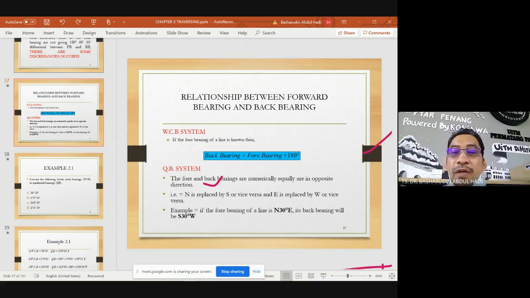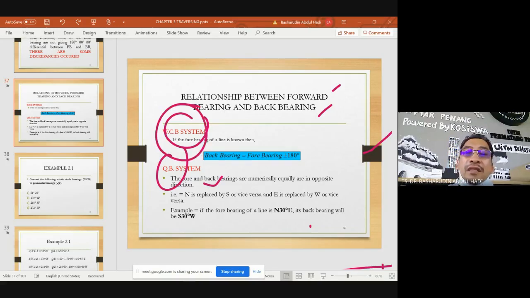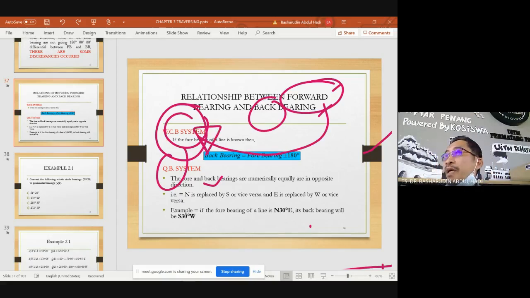For example, if the forward bearing of a line is north 30 degrees east, it means north to east, so its back bearing will be south 30 degrees west. So this is the difference in the relationship between forward bearing and back bearing in these two systems. But normally we just discuss the relationship between forward bearing and back bearing in the whole circle bearing system. Alright.